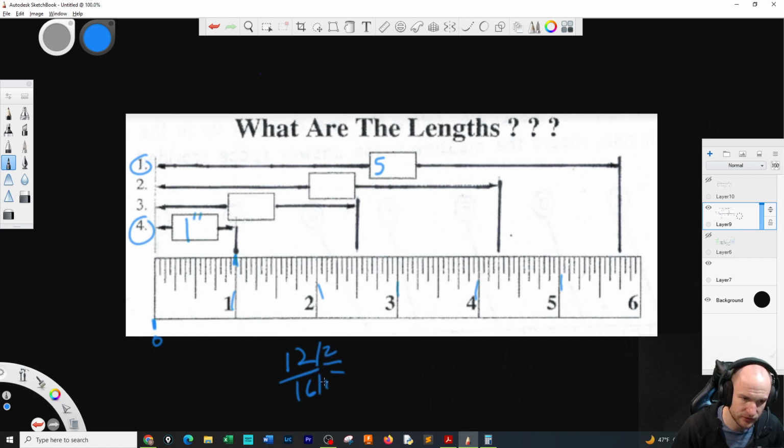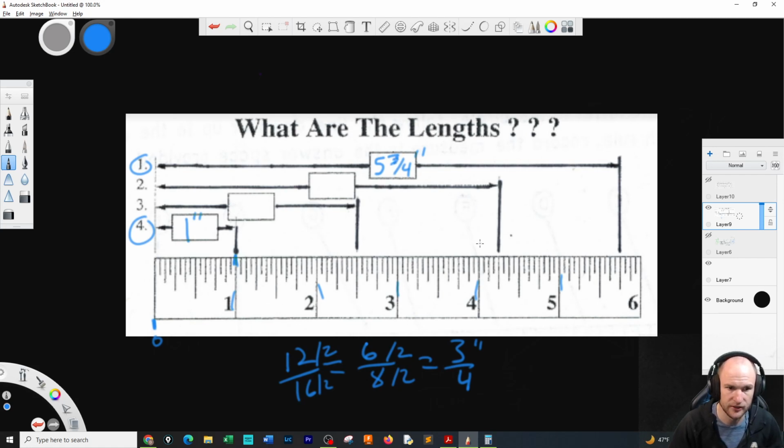So if we divide both sides by 2, we wind up with 6 over 8. They're still both even. So let's divide by 2 again, and we wind up with 3 over 4. So 5 3/4 is our answer here. And the rest are all a variant of that. Okay? So that is this one.